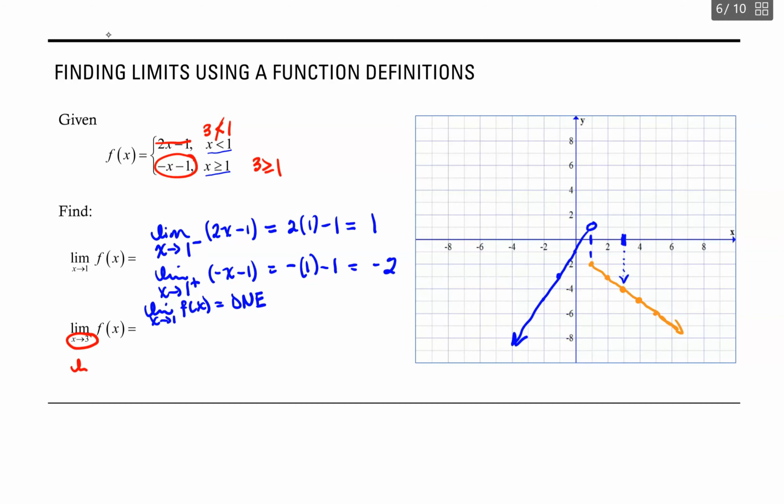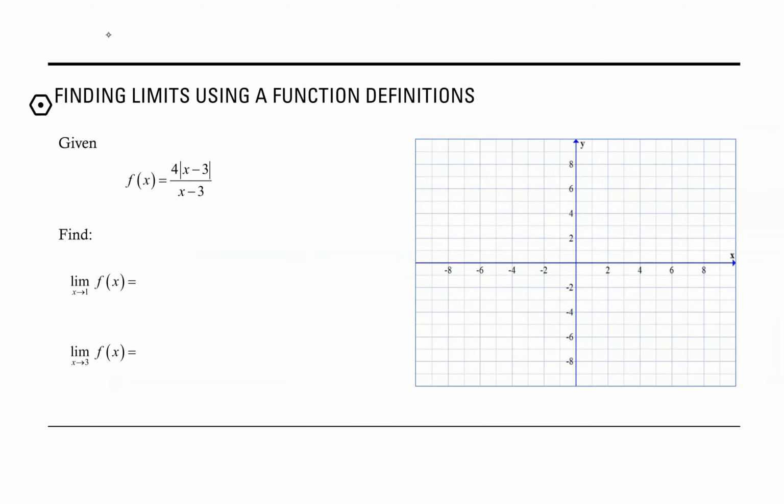So we would have the limit as x approaches 3, the part of the function we need is negative x minus 1. And as x approaches 3, negative x minus 1 approaches negative 3 minus 1, which is negative 4.